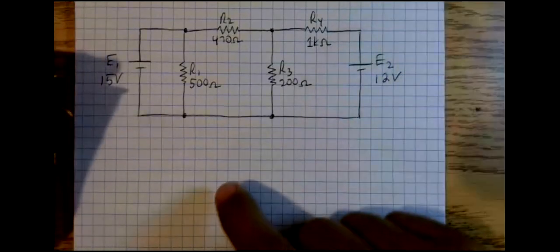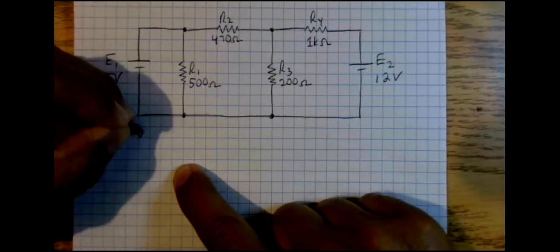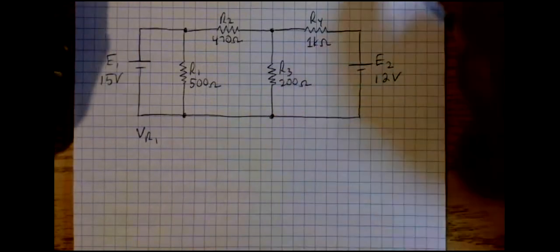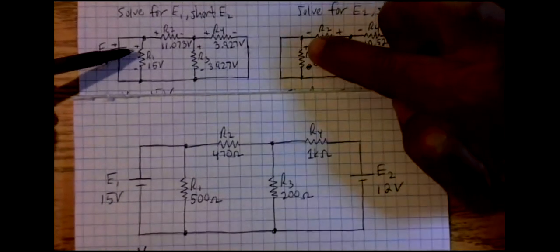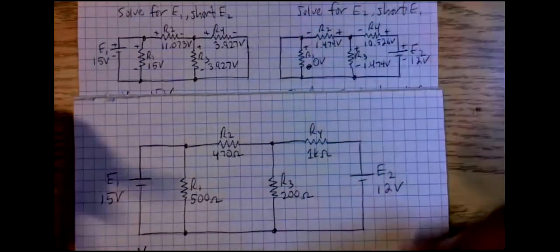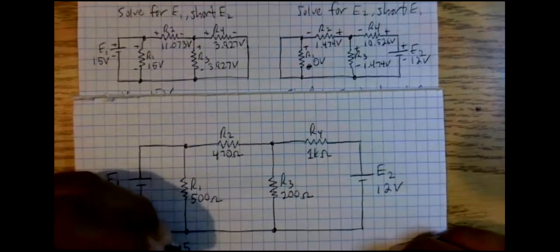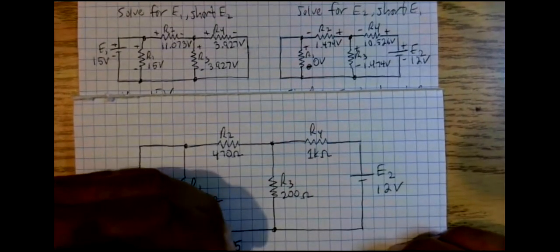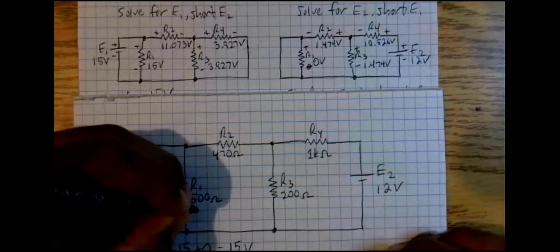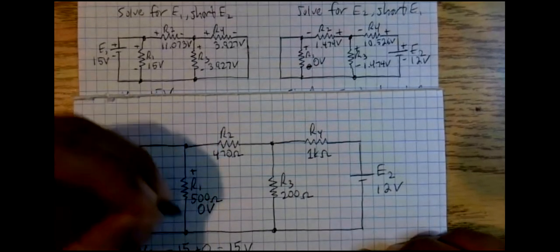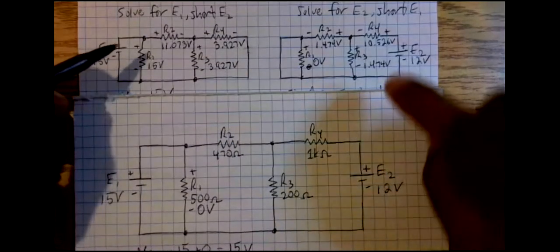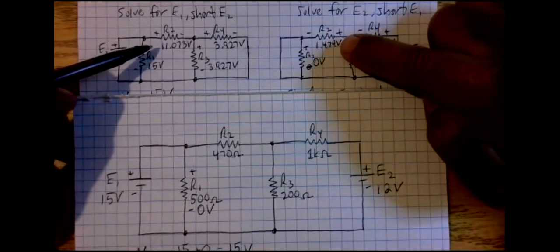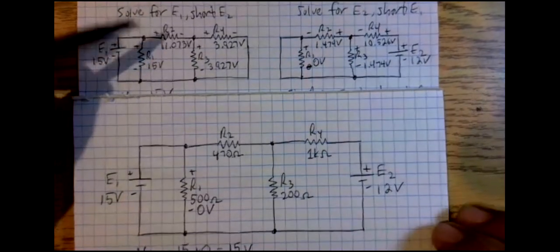Okay, so VR1, if we take our two values here, these are the same polarity, so we'll add them together, and VR1 is 15 plus 0 volts. So that is 15 volts, and our polarity remains like that. VR2, the two values are opposite polarities, so we'll subtract them, and this is the greater, so this determines the polarity.